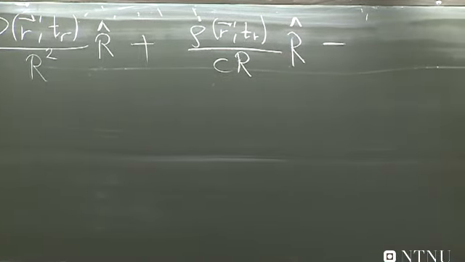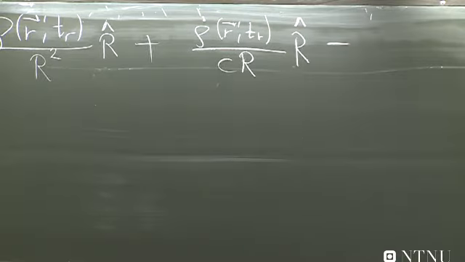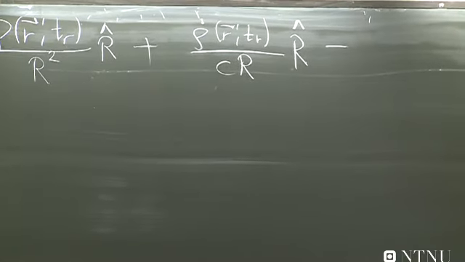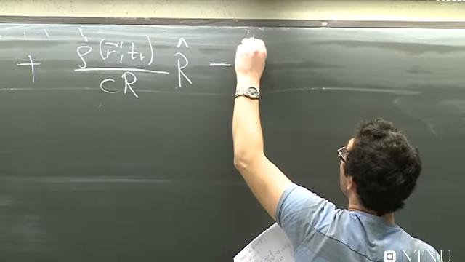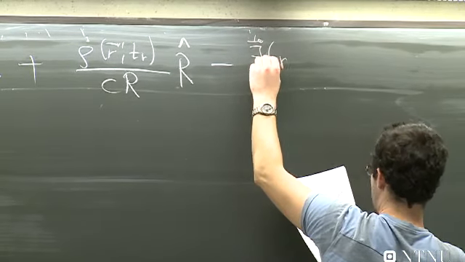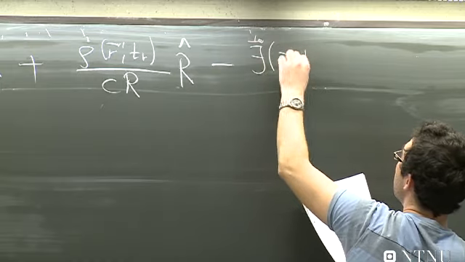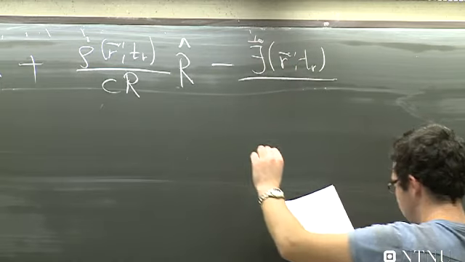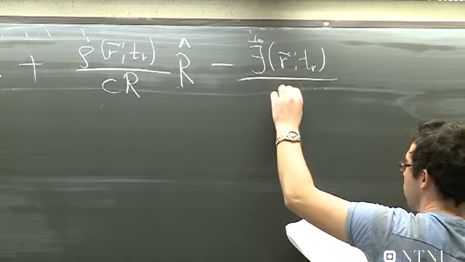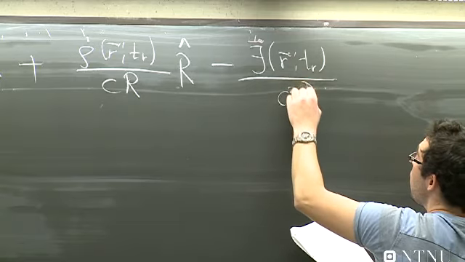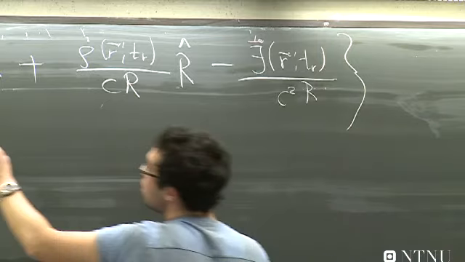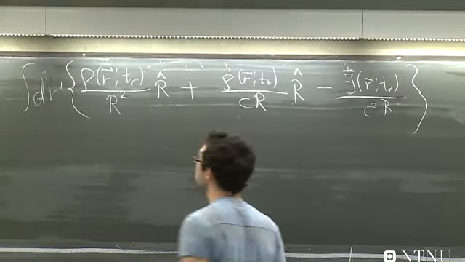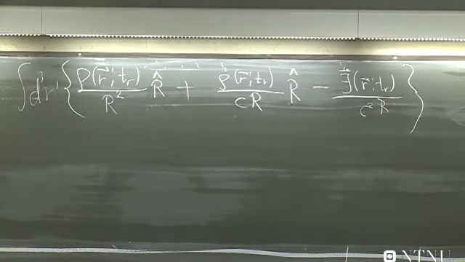And finally the vector potential term was the same as before we started working with retardation. Now evaluated at the retarded time. Let's see. So if I put a bracket here and here, that should be it.